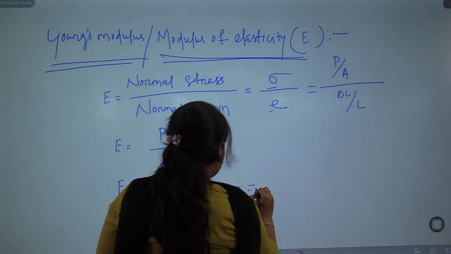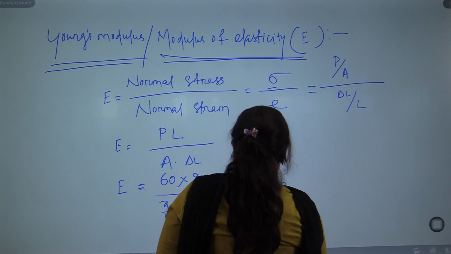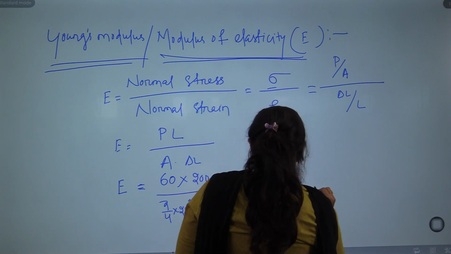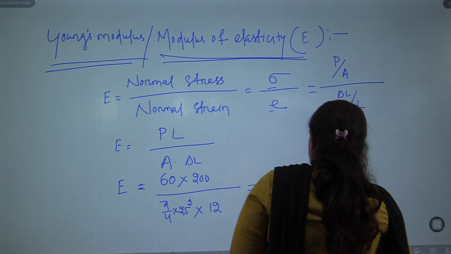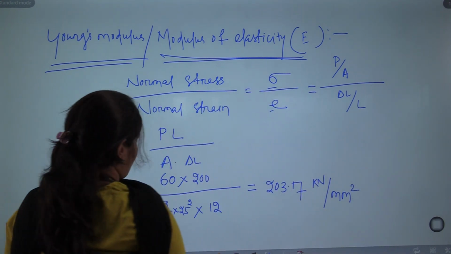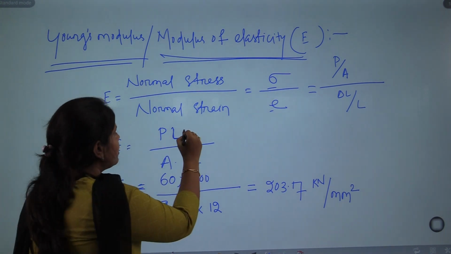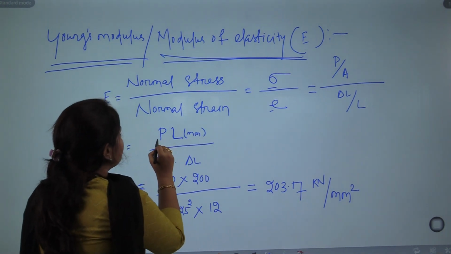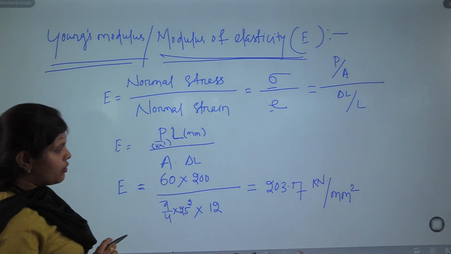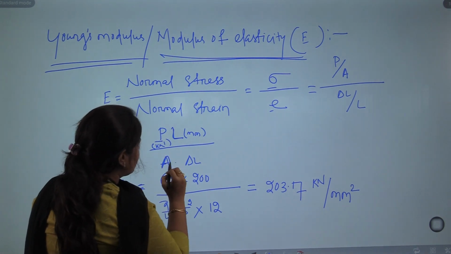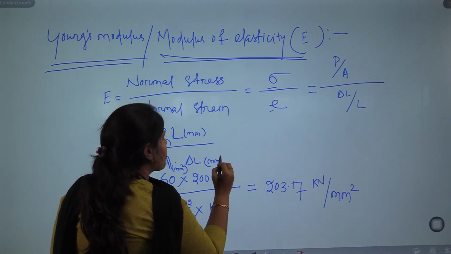So, the answer will become how much? 203.7 kilonewton per mm square. Here the unit of L is in mm, the unit of P is in kilonewton. Likewise, area in mm square, and del L in mm.